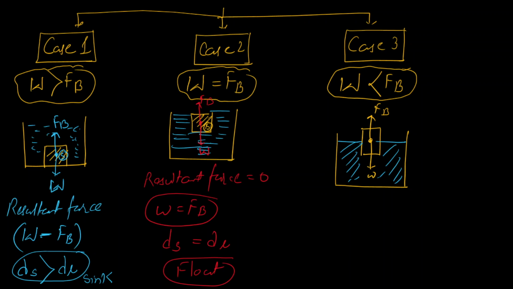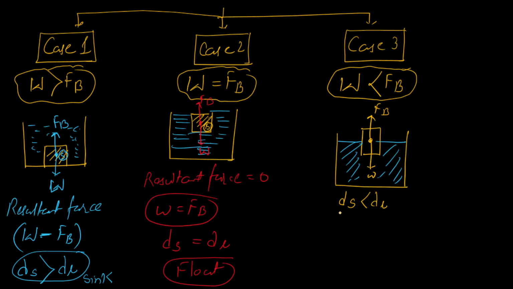Now what you are observing here, you can easily understand that density of solid is lesser than density of liquid. Here the density of solid and density of liquid are equal to each other, like ice and water approximately, okay? So it will look like that only.